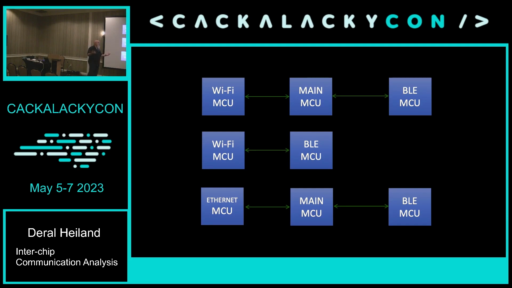And in some cases, and we're starting to see more and more of this, you may have everything on a single system on chip. In cases like that, there's not a whole lot you can do for inter-chip analysis and actually tapping into the circuits, which is way more complex, and I haven't got to doing that yet. It'd be nice to do. I don't have those tools or the money to do it.